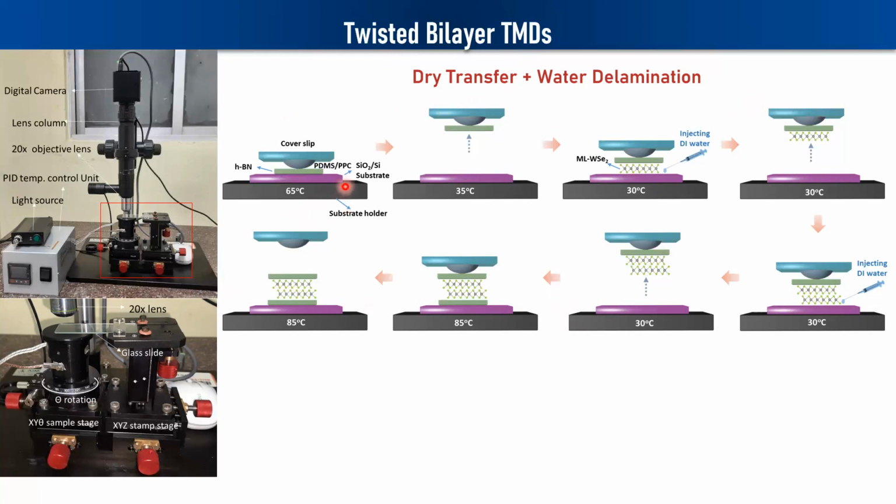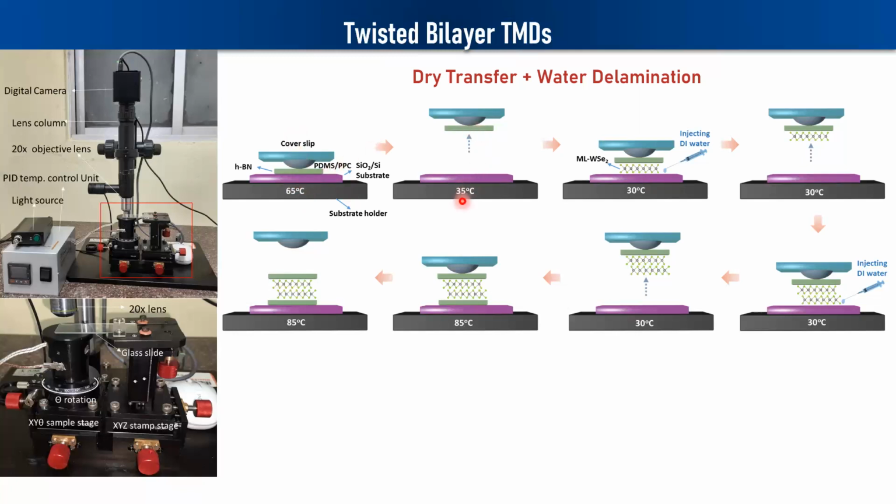The substrate on which we have grown the WSe2 on silicon dioxide is placed on the substrate holder at 65 degrees Celsius. From the stamp stage, you place a cover slip with a PDMS and PPC coating in a hemispherical shape, and this is brought in close proximity. First we take one hBN.